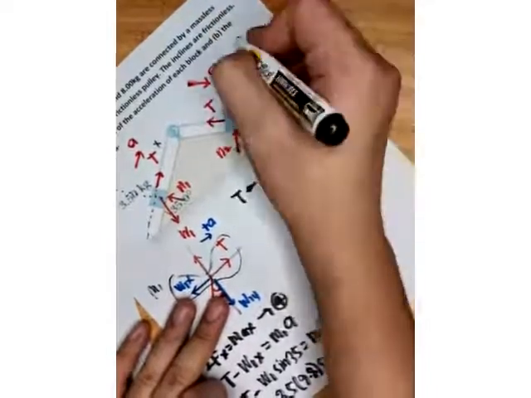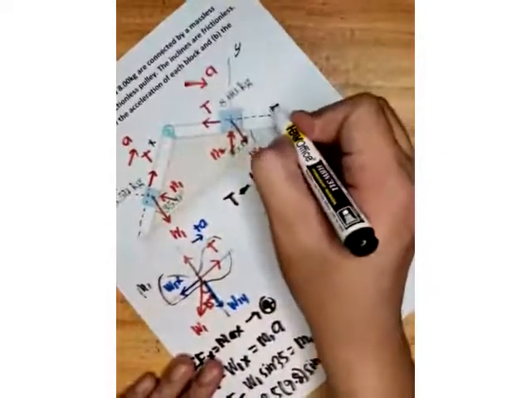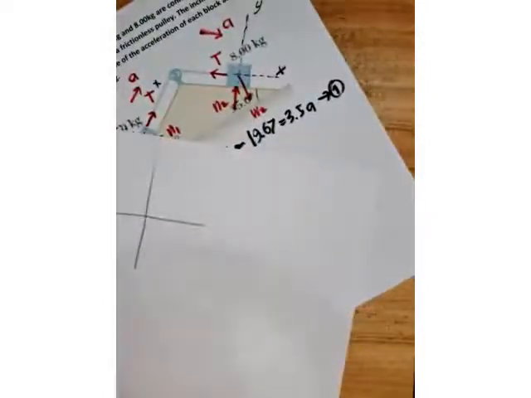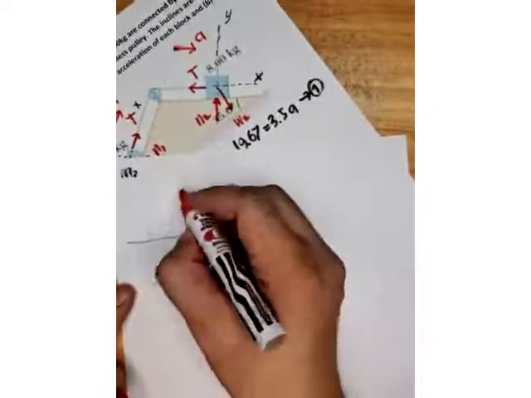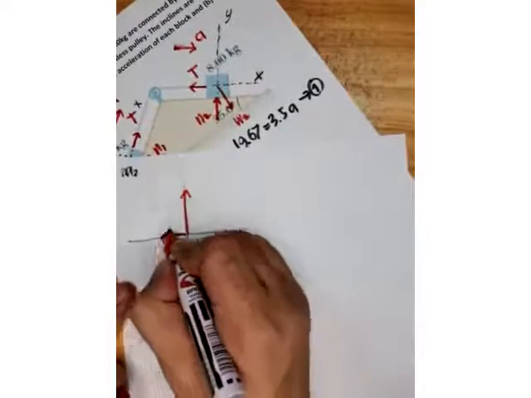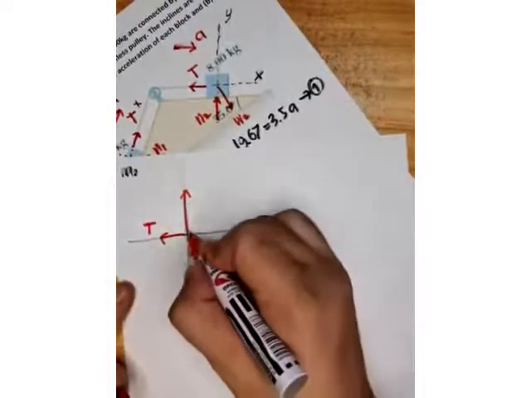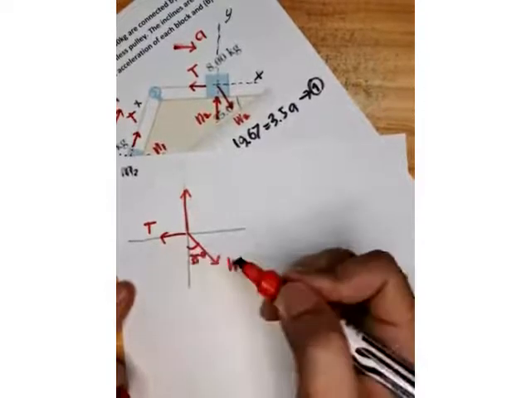So this is X and this is Y. So therefore, if we will draw the FBD, normal is still upward. And then tension is to the left. And then weight is on the fourth quadrant. So nandito yung weight at nandito yung 35 degrees. Okay, and acceleration is in this direction.